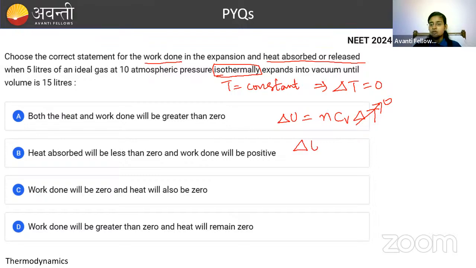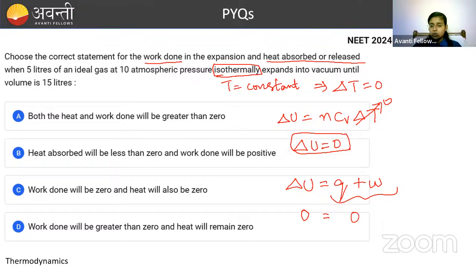So delta U will also be 0. From the first law of thermodynamics, we know that delta U is equal to Q plus W. If the left hand side is equal to 0, then the right hand side is also 0. Q is the heat, W is the work. So work will be 0 and heat will also be 0.